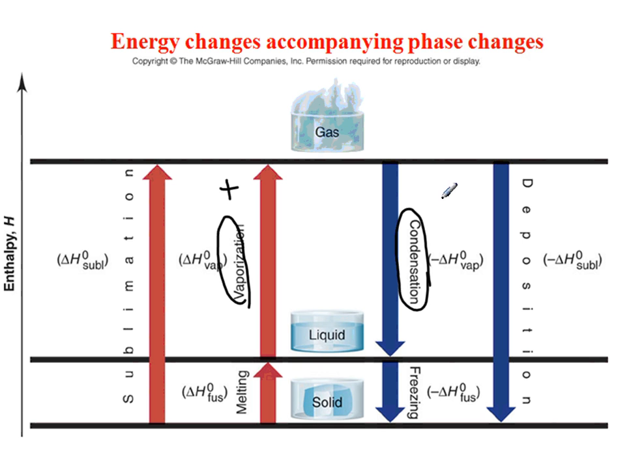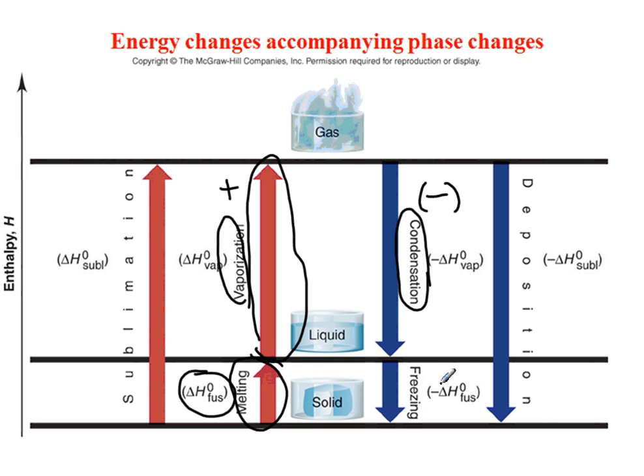If you're doing condensation on a liquid, it's going to be negative, but the amount of energy is exactly the same. Same thing with melting. The heat of fusion for melting is that right there. With freezing, you're going to lose that amount of energy right there. Notice they're the same. They're just going in different directions, thus different signs.